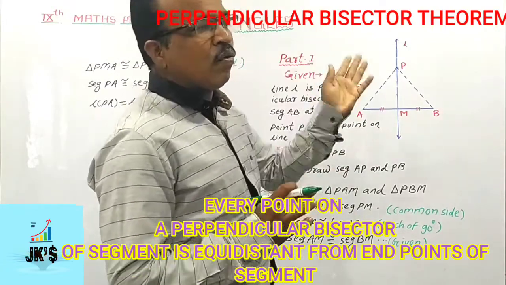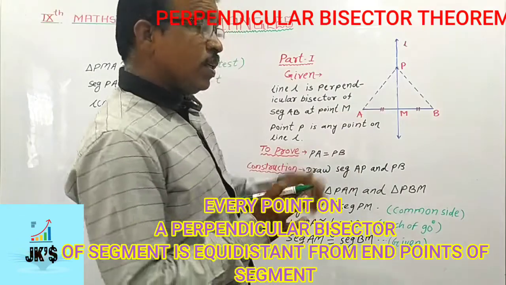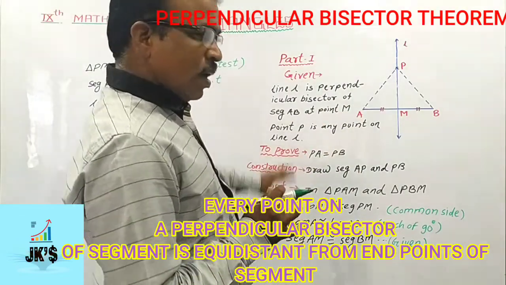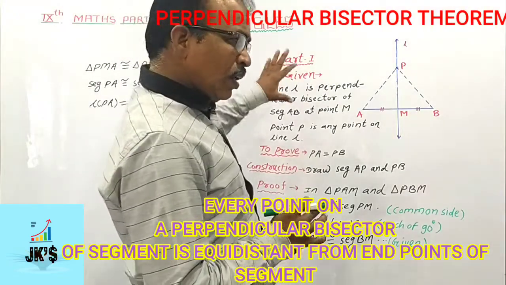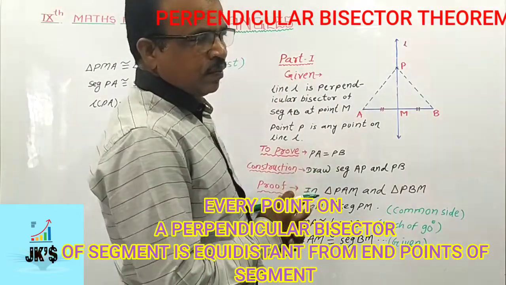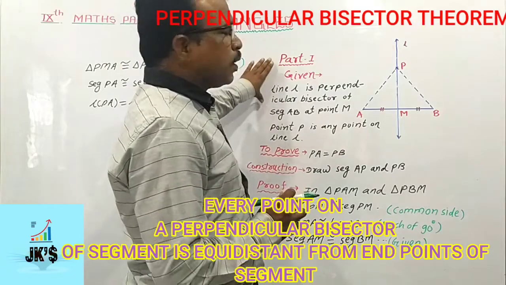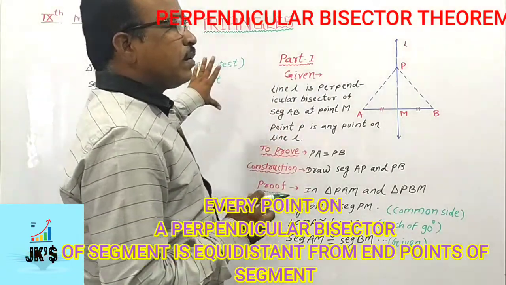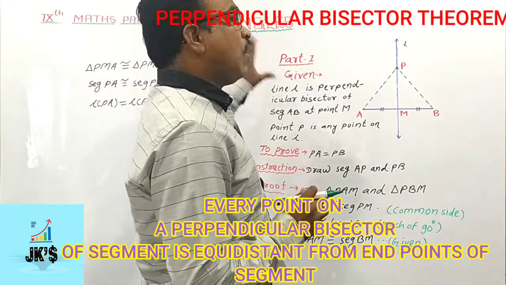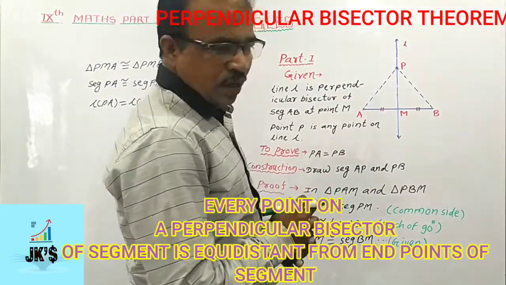So, theorem and converse of the theorem. Similarly, in the perpendicular bisector theorem, the two parts are given. When we consider the first part is a theorem, then second is converse of it. Okay?